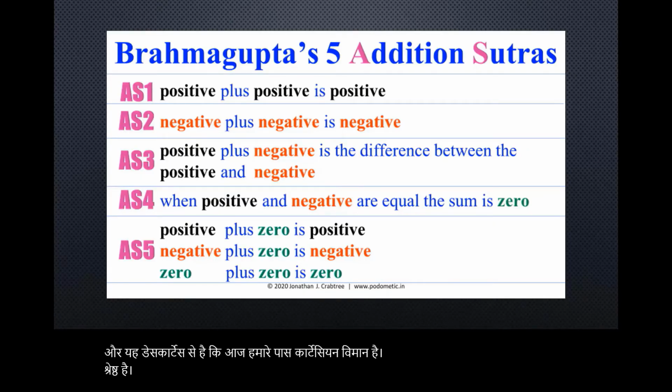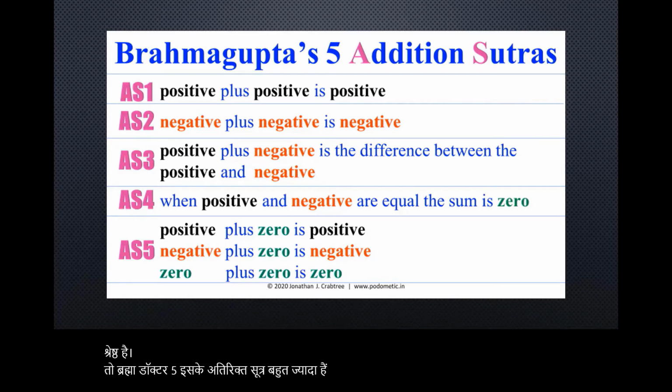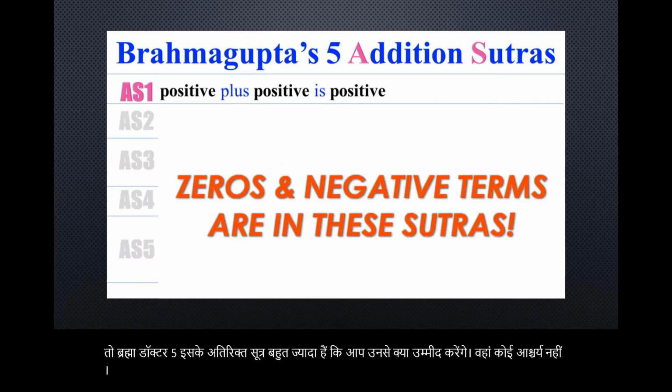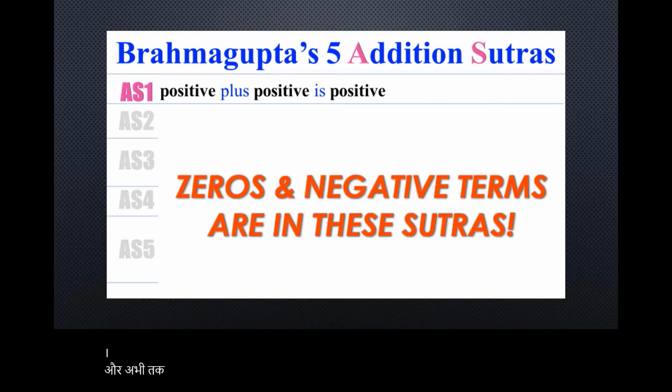So Brahmagupta's 5 Addition Sutras are pretty much what you would expect them to be. No surprises there. And yet the zeros and negative terms are in 4 of Brahmagupta's Addition Sutras.